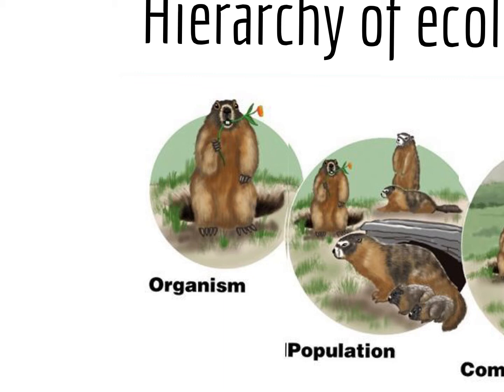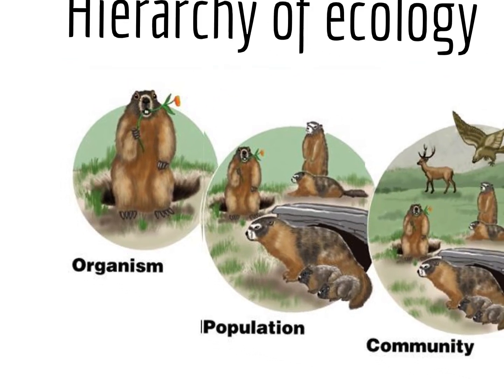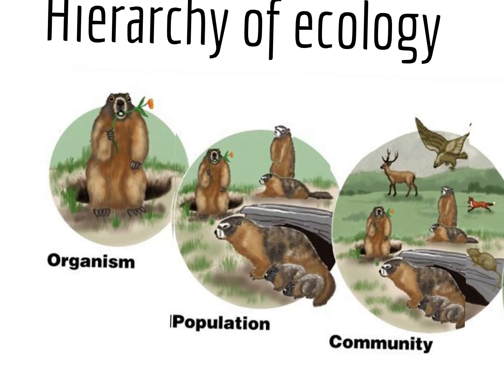Those are separate populations because they are living in different places, and the individuals in those different populations are not interacting in any way. So the next level of hierarchy is when you have different populations of different species existing in the same space. So a community is where you're getting groups of different species living together in the same area.